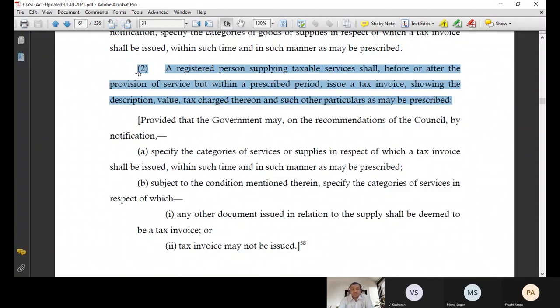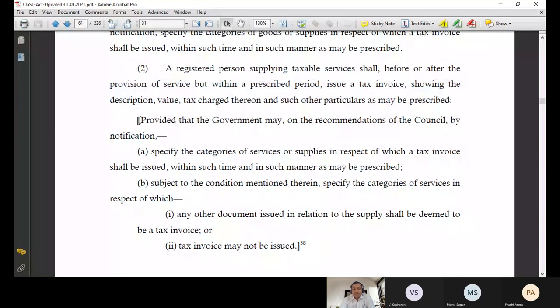But here also we have some exceptions, and here two exceptions are provided. The government may, on the recommendations of the Council, by notification, clause (a), specify the categories of services or supplies in respect of which the tax invoice shall be issued within such time and manner as may be prescribed. So this clause is the same as that of Section 31 subsection 1.